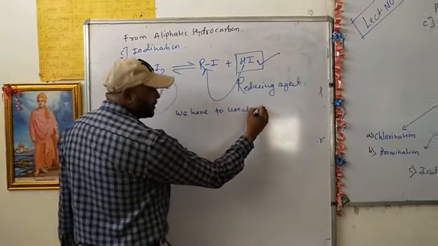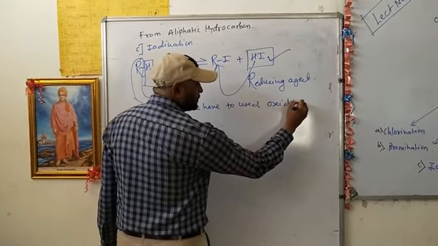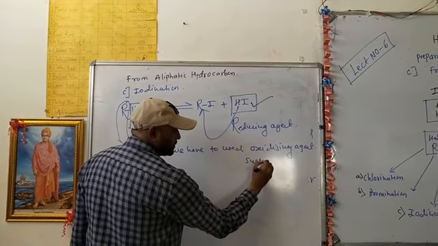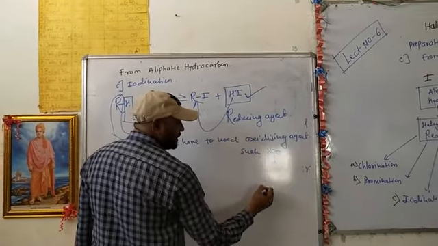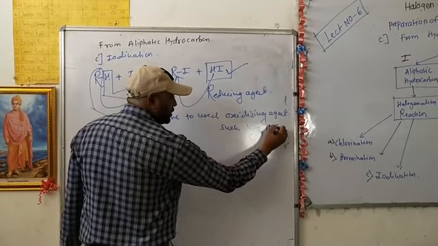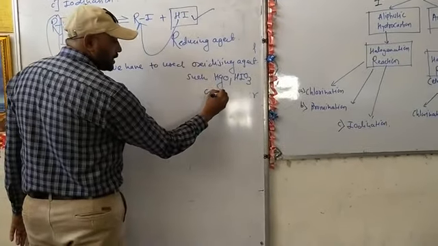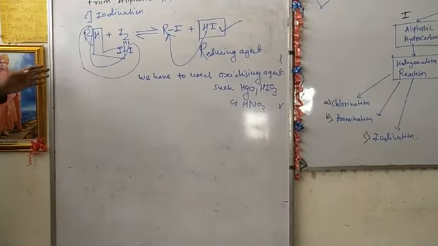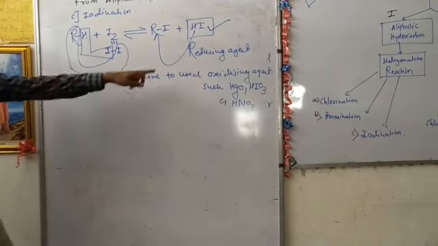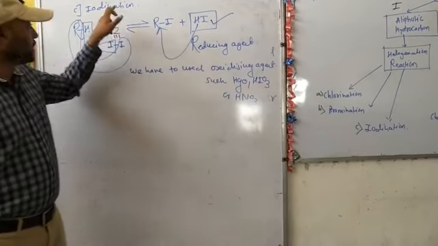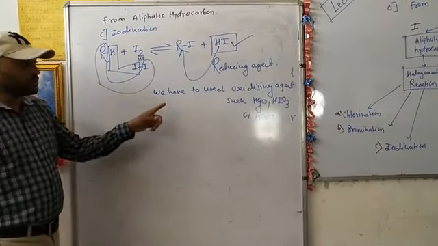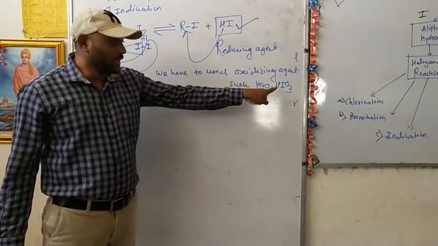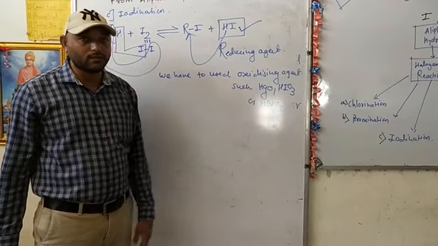use an oxidizing agent such as mercury oxide, HIO3 or HNO3. So to avoid the reversible reaction or the formation of a reducing agent during the iodination reaction, we have to use a certain oxidizing agent such as HgO, HIO3 or HNO3.